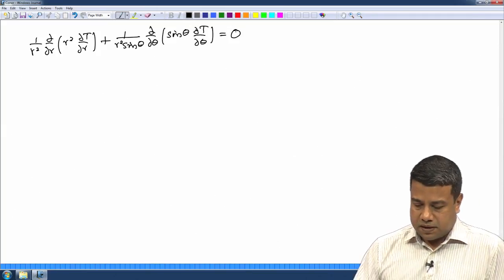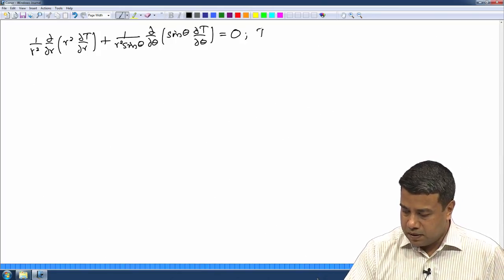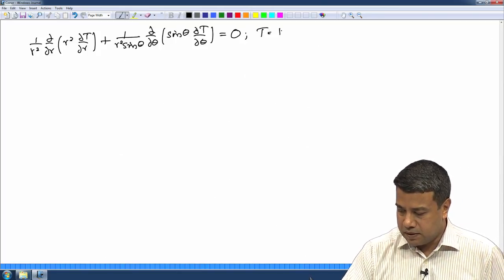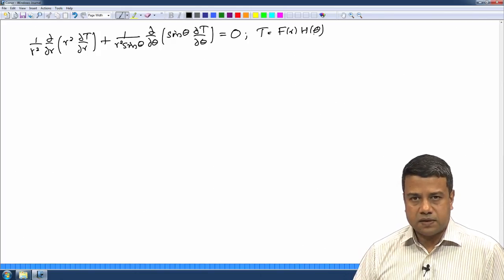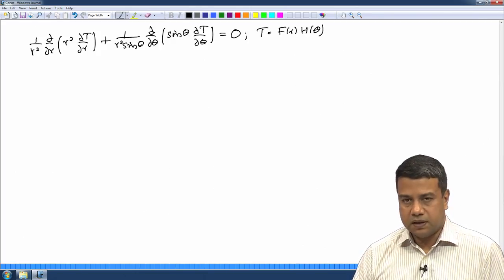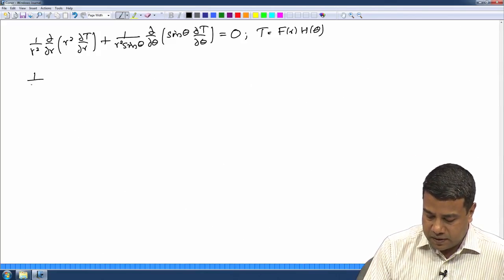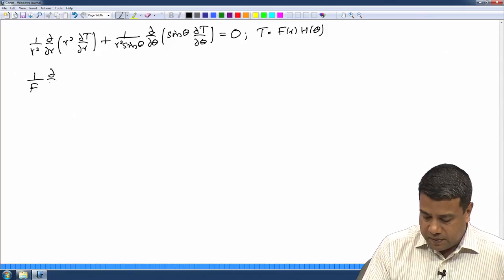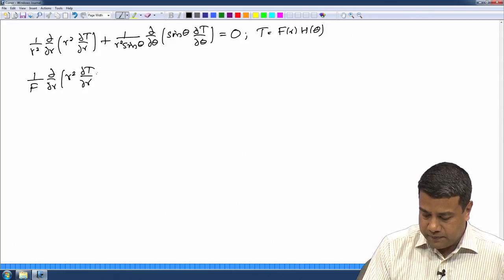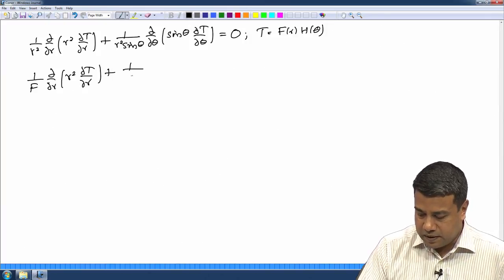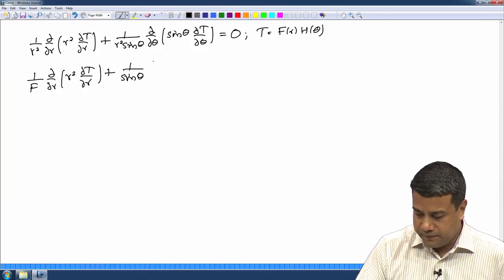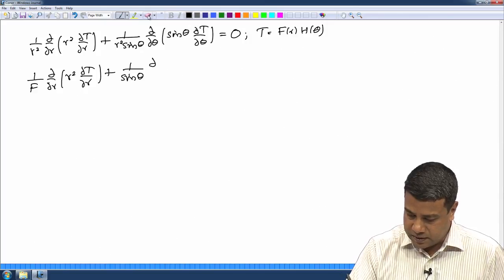I had substituted t equal to f of r h of theta. That was the substitution that I had made. Divided throughout by h times r, and what I got was 1 over f d by dr of r square dt by dr plus 1 over sin theta. Let me put this.